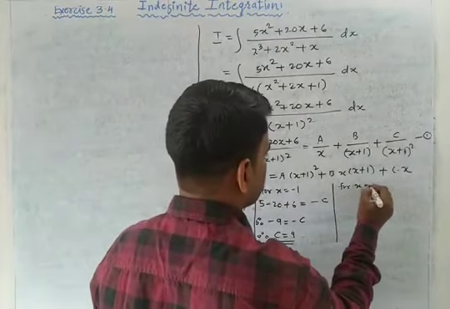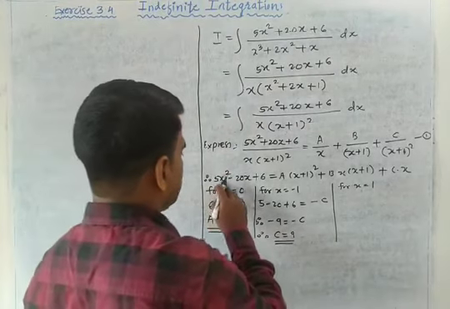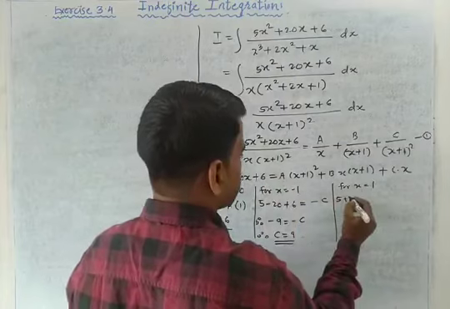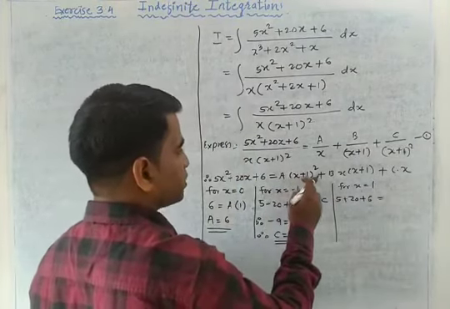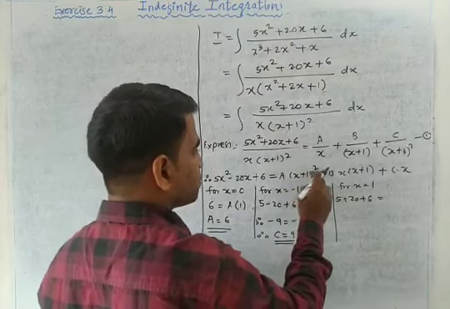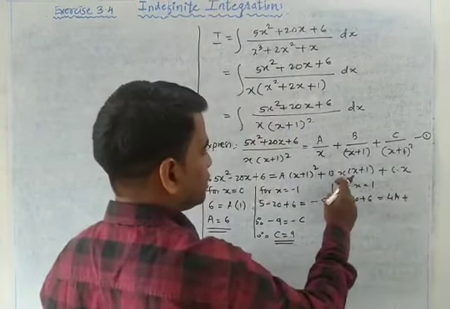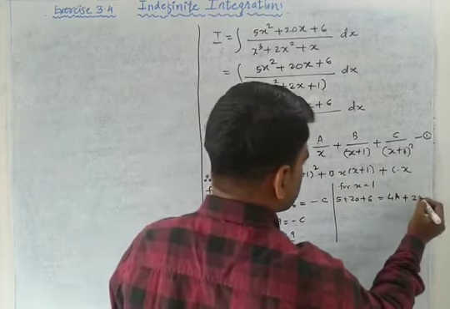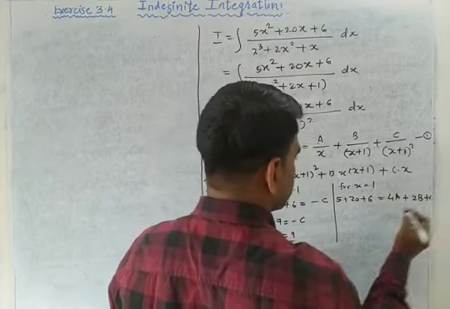For x = 1, what happens? 5 into 1 squared is 5, plus 20 into 1 is plus 20, plus 6 is equal to A(1 + 1)², 2 squared is 4, that is 4A, plus 1 into (1 + 1) that is 2, and 1 into 2 is 2B, and C into 1, that is plus C.